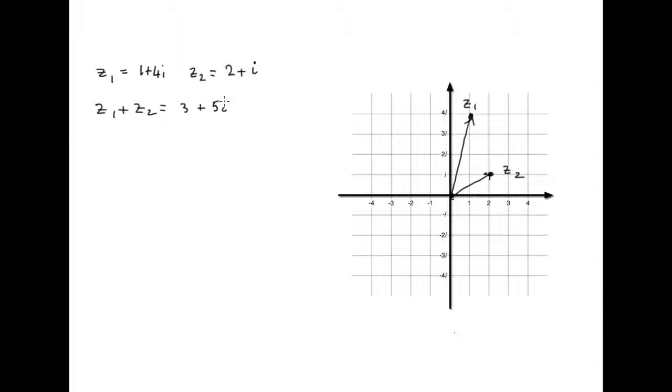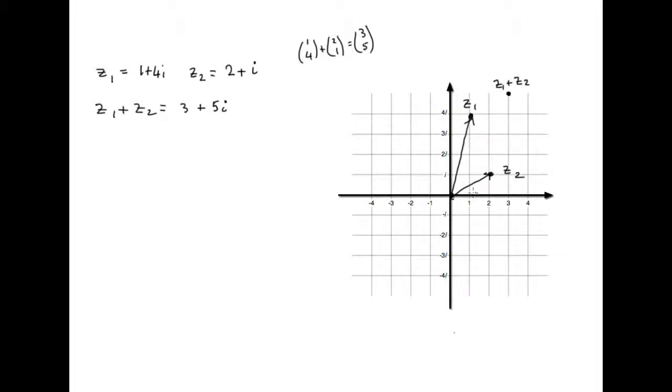Very similar to vector addition. If we think of the vector 1, 4 added to the vector 2, 1, we'll end up with 3, 5 as a vector. So this point up here, z1 plus z2.